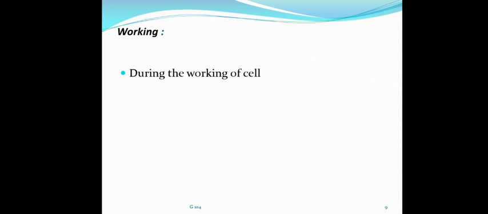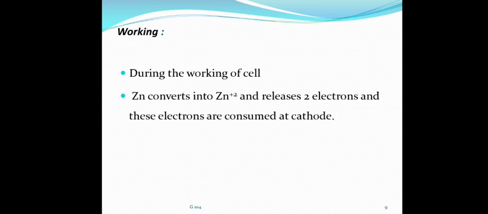So during the working of the cell, the zinc anode, that is the zinc container, contains zinc atoms. They convert into zinc ion, Zn2+. Each zinc atom converting into Zn2+ releases 2 electrons, and these electrons are consumed at cathode. At cathode, MnO2 is there.